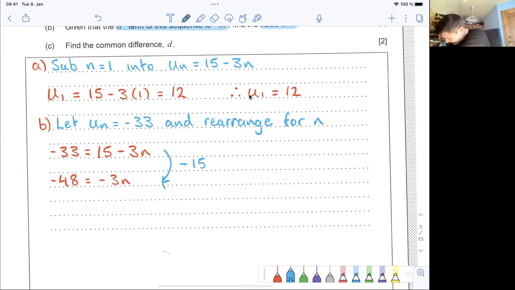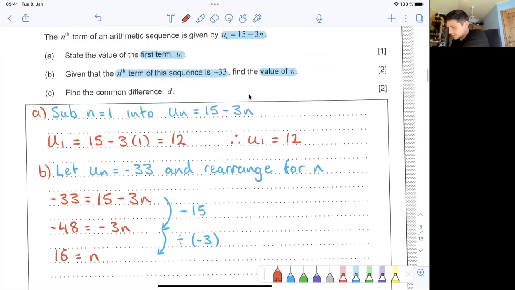And then next, I'm going to divide by negative 3. And that's going to give me 16 is equal to n. All right, and that is our answer there. Okay, so n is equal to 16.